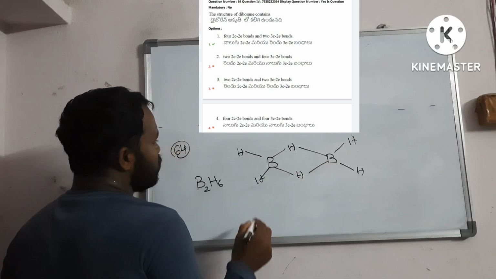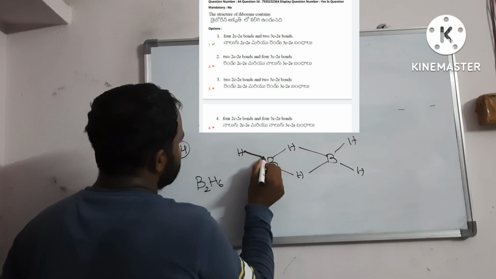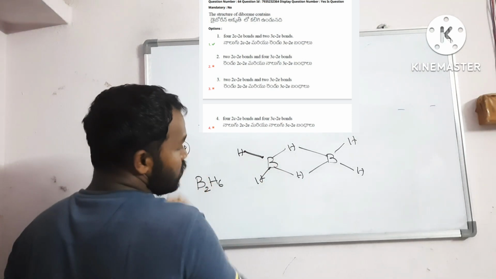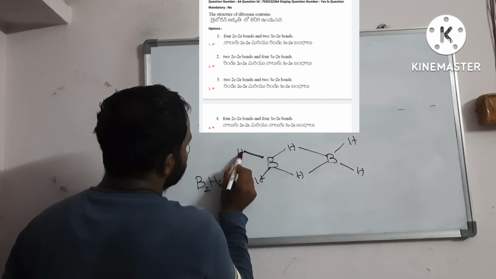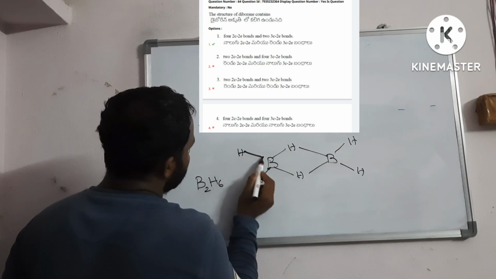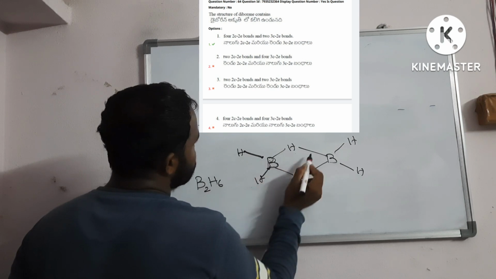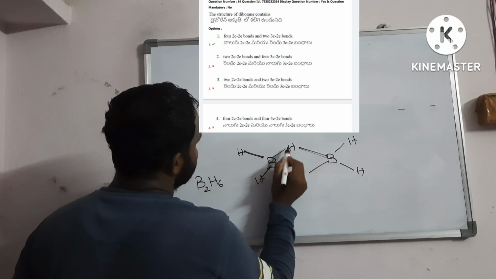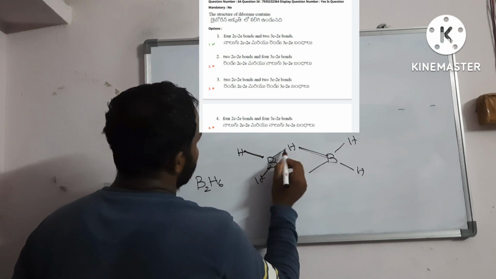Diborane contains two-centered 2 electron bonds, which are the terminal bonds. How many are there like this? 1, 2, 3, 4. Next, the 3 centers: 1, 2, 3 centers with 2 electrons.